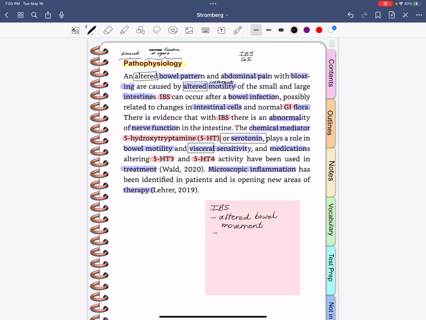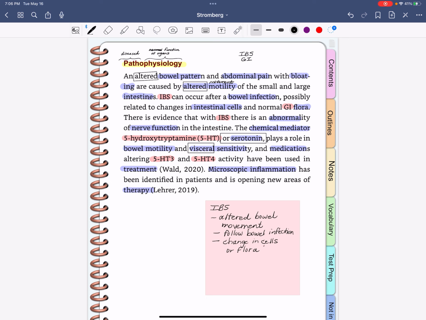IBS can follow a bowel infection. It's possibly related to changes in intestinal cells or flora, the bacteria balance.